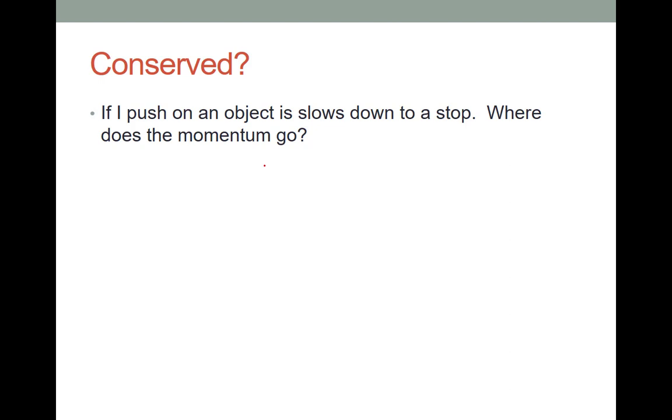Maybe it goes into a change in kinetic energy of the floor that it rolled across, the molecules in the floor that it rolled across. So it would cause the floor to heat up a little bit. Maybe it actually pushes the molecules around and causes a physical displacement of that.